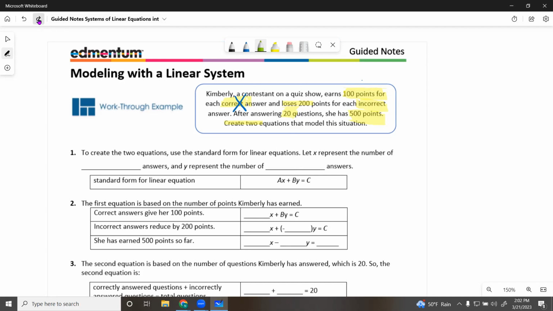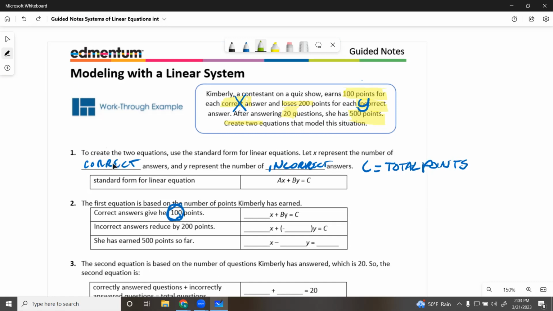So x represents each correct answer and y represents each incorrect answer. Now, it doesn't talk about what c equals, but c equals the total number of points, and we know that because down here it says 500 points afterwards.